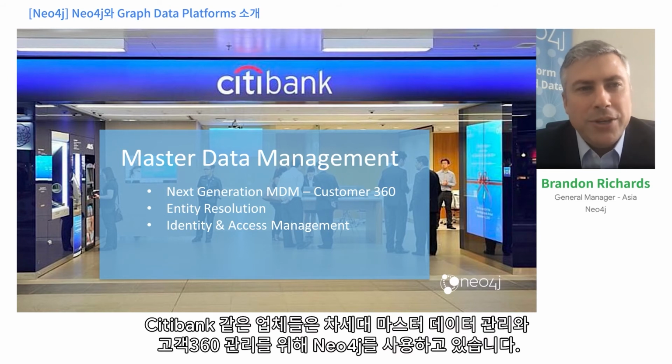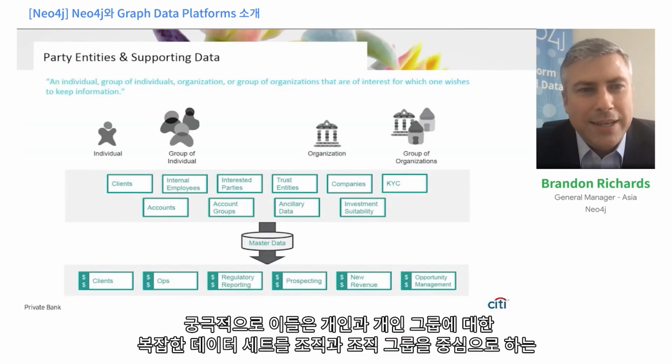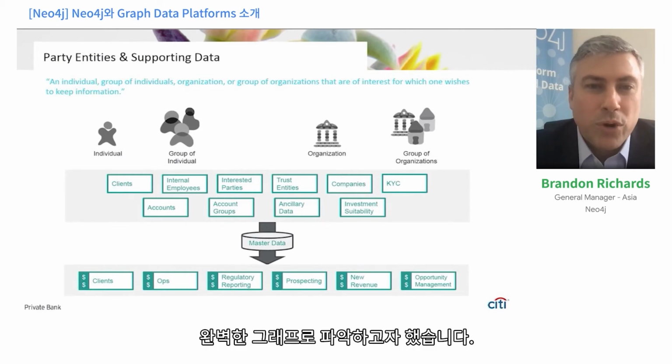Companies like Citibank are using Neo4j for their next generation master data management and customer 360. They also built into this entity resolution and identity and access management. Ultimately, they had a complex set of individuals and groups of individuals that they wanted to understand, the complete graph that goes around them, or organizations and groups of organizations.